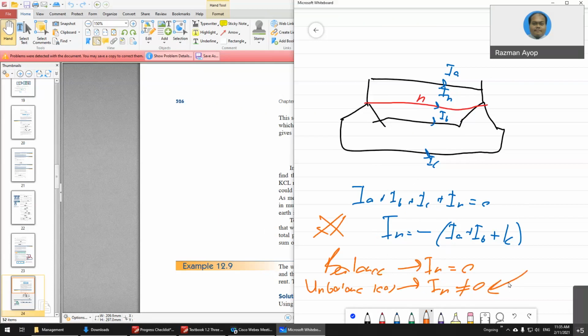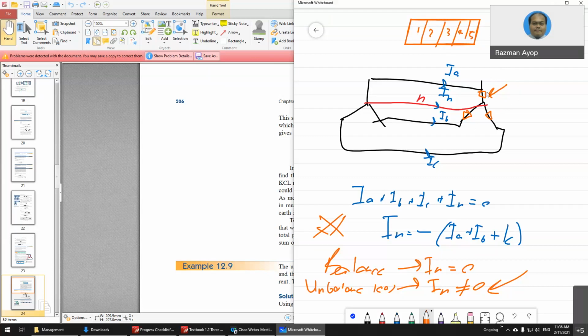So basically, this one is the practical one, because for three phase, usually we don't see a balanced load. Usually it is unbalanced. Our system uses three phase, but when it comes to distribution, if the housing uses single phase, for example you have 5 homes, 1, 2, 3, 4, 5.